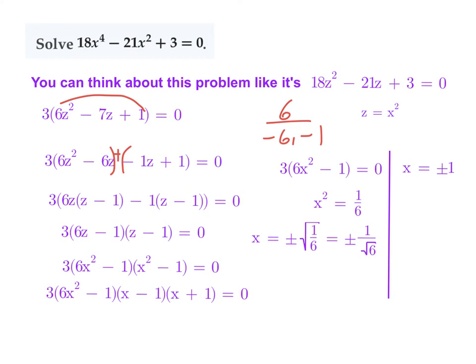Multiply top and bottom by square root of 6. On top I have square root of 6. On bottom I have the square root of 36, which is what? 6. Just 6.